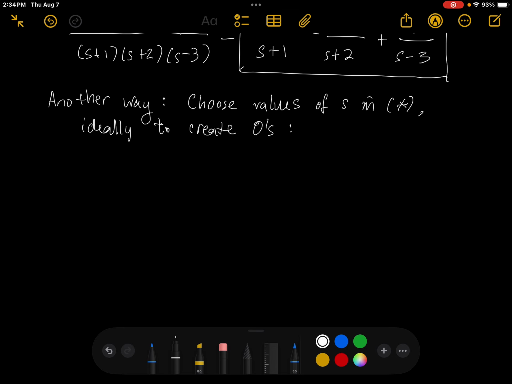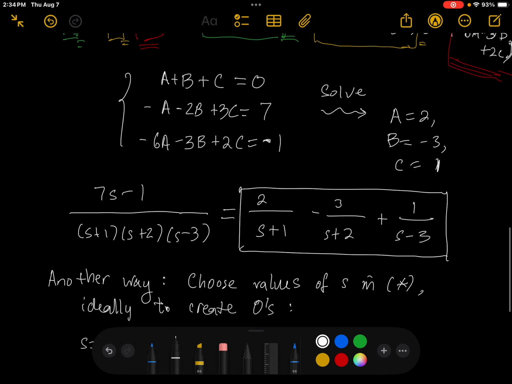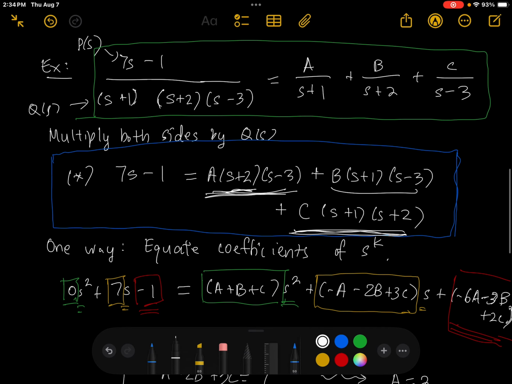So for instance, if we plug in S equals negative 1, on the left you're going to get 7 times negative 1 minus 1. And on the right, I'm just going to write it all out. Why am I plugging in negative 1? Because if you plug in negative 1, the B term will be 0, and the C term will be 0.